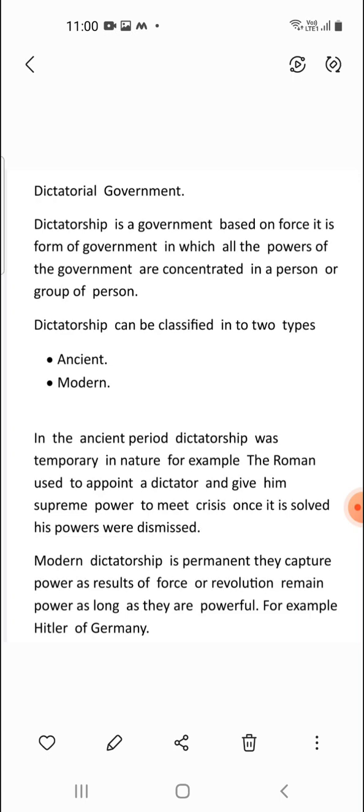After this, in the 17th century, the democratic form of government came into existence, wherein the people themselves are the kingmakers. They select the representative, give them power for a period of 5 years, and that representative should run the government according to the will of the people.